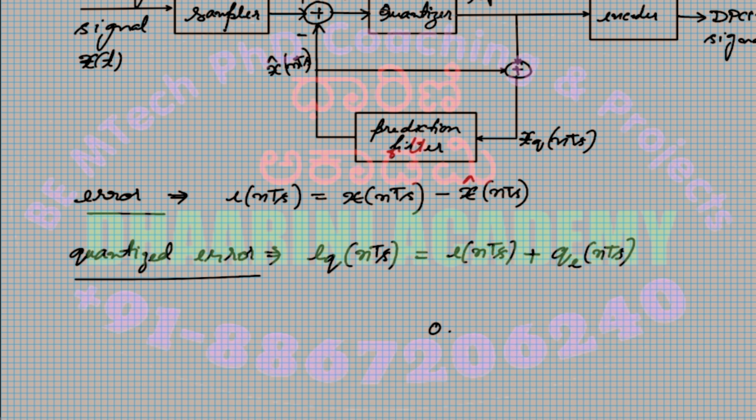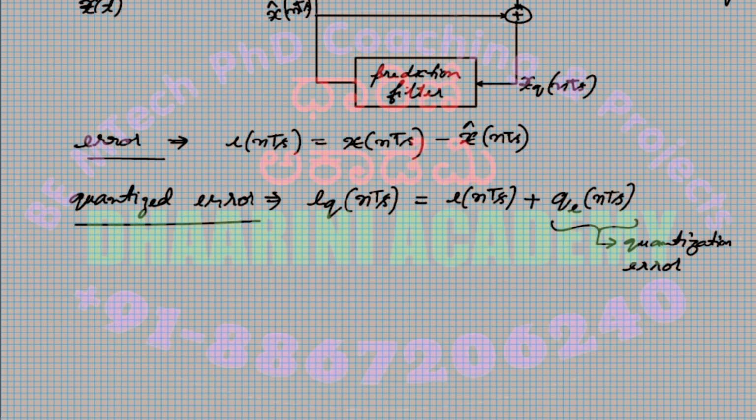Okay. So that means I'll just write here, as a notation, this is the quantization error. Now I will calculate what is the input that comes to the prediction filter.